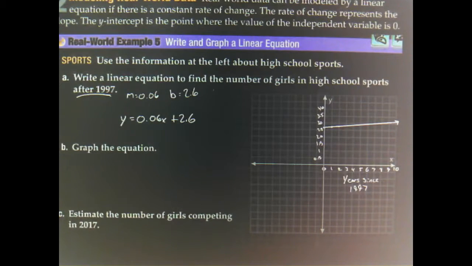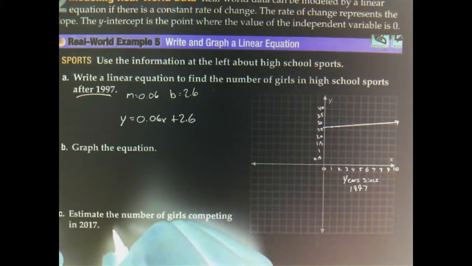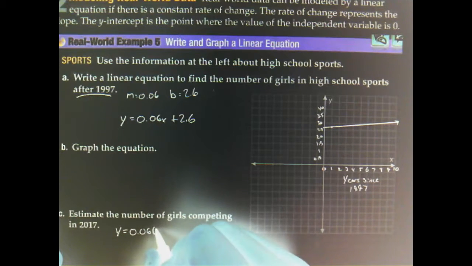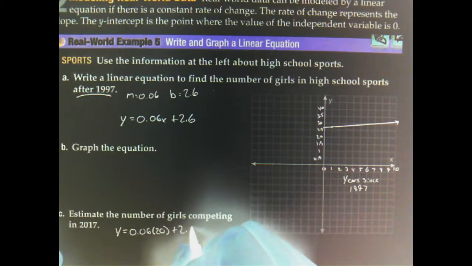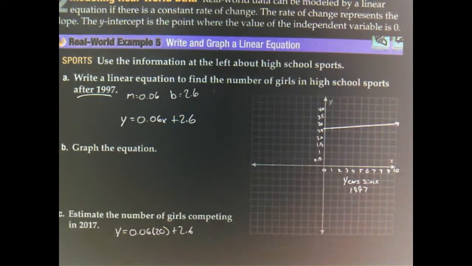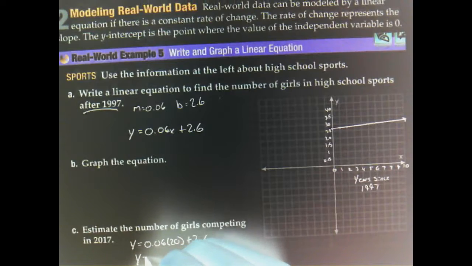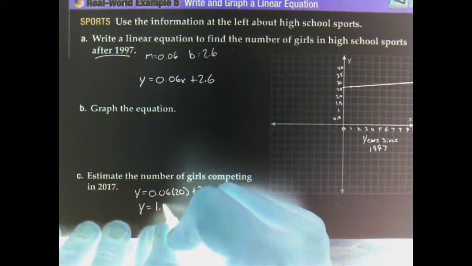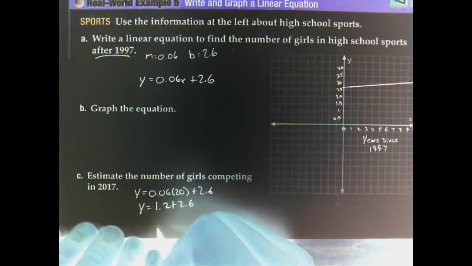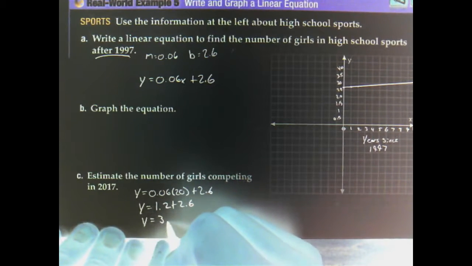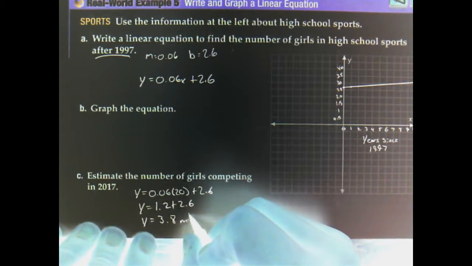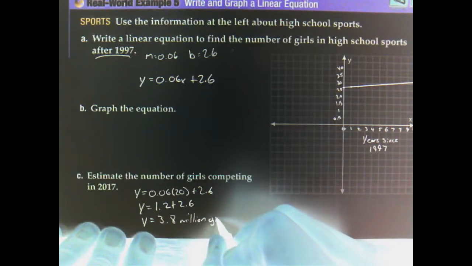So we plug in 20 for X, and that will give us our answer. So 0.06 times 20 plus 2.6. 0.06 times 20 is 1.2. Y equals 1.2 plus 2.6, and that should be 3.8 million girls.